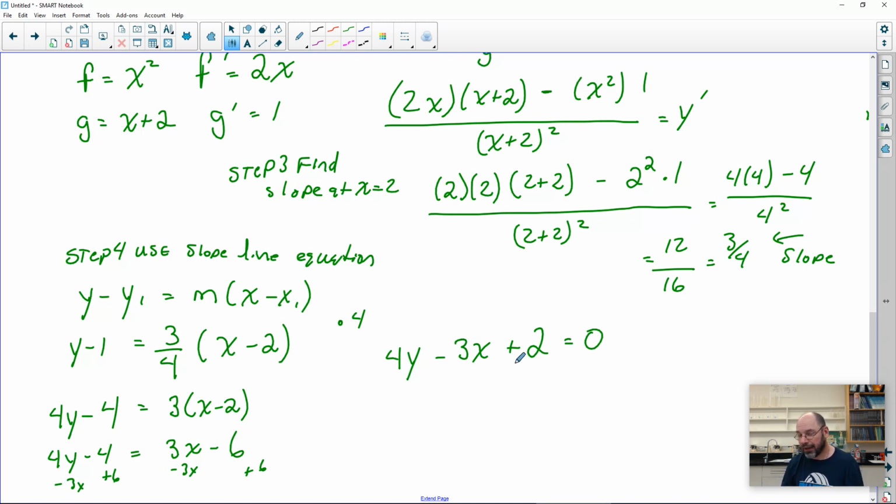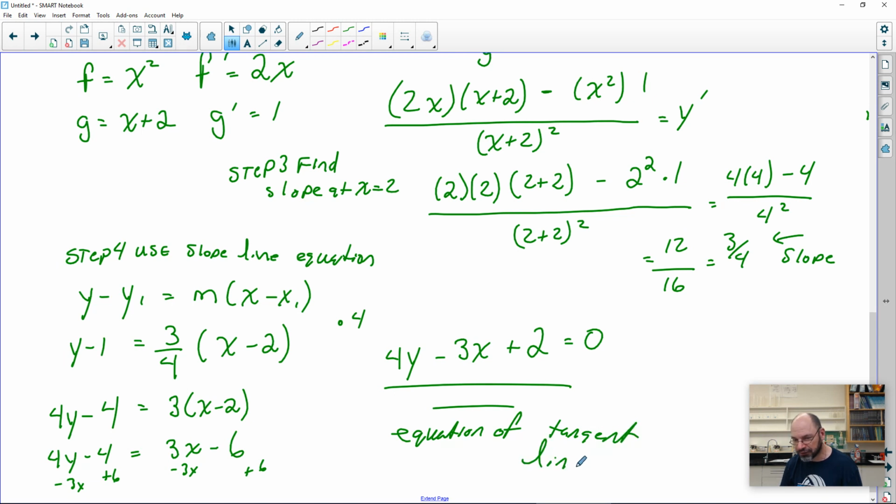Okay, and we can say that this is our equation of the tangent line at the point of tangency 2, 1.